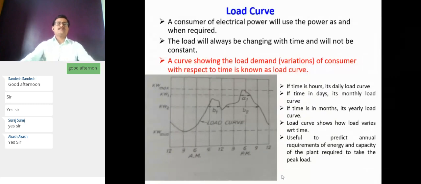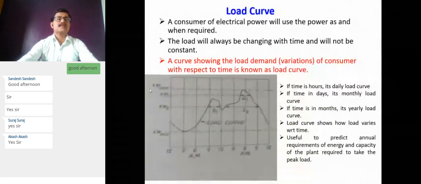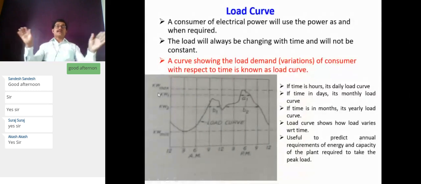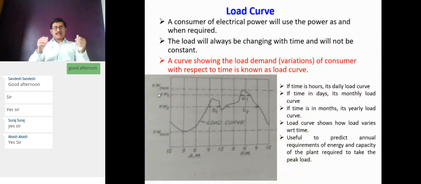On the y-axis it is kilowatts. That is nothing but the load consumed by the consumer, the different electrical appliances operating in the house of that consumer, a residential consumer. So that is the load of that consumer.